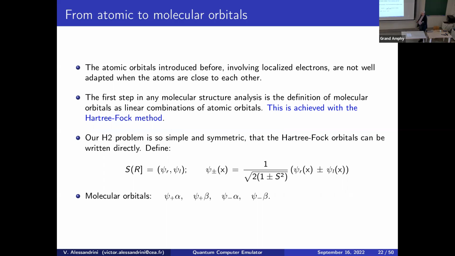So the first thing you do in quantum chemistry is a Hartree-Fock computation that will give you what are called the molecular orbitals, namely the basis states which are linear combinations of the atomic orbitals, but which are distributed over the molecule. In our case, the system has so many symmetries that we can guess them. It turns out that these states, psi plus or minus, psi left and so on, with the overlap integral of the two, are the correct ones. In this particular case, you can write them directly.